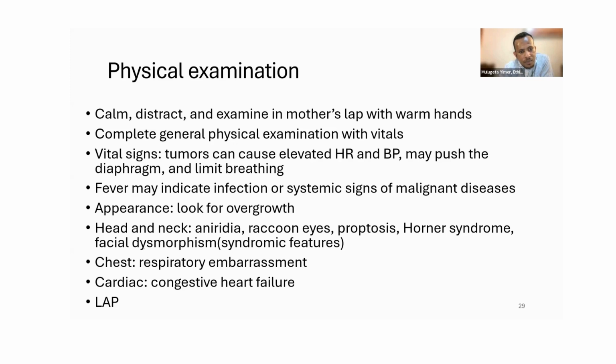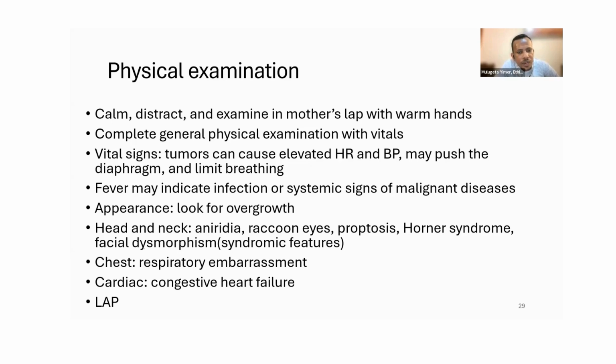Fever could be there in the presence of an intra-abdominal mass. This could be from infection, or it could be a systemic sign of malignant disease like neuroblastoma. So check the general appearance of the child, like overgrowth syndromes, or you might see other features. General appearance is very important.